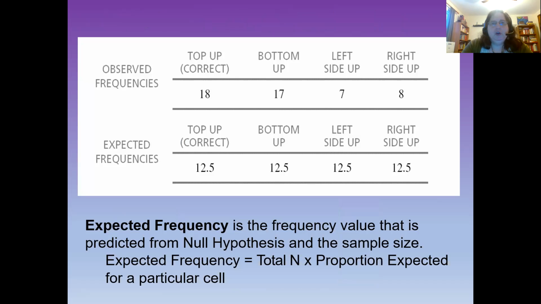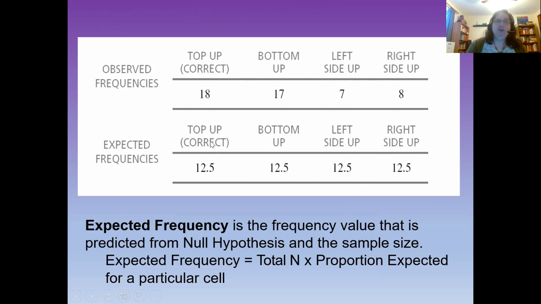Okay, so we see here that we have the actual data, the observed frequencies, and we have 50 people total that were sampled. 18 said top up correct, 17 said bottom up correct, 7 said left side, 8 said right side. So again, since we said that the null was that there would be no preference, that means they all should be equal, right?